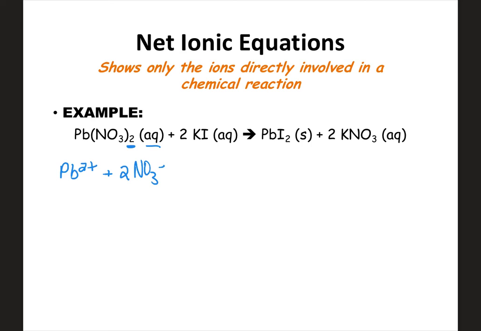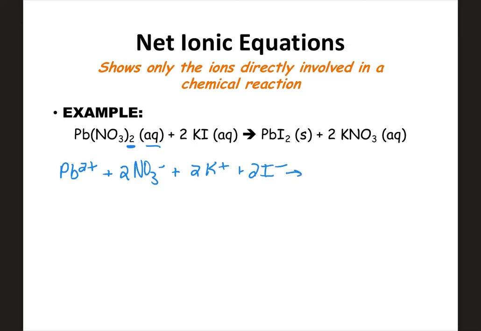The reason we're doing that is because it's aqueous. When you put it in water, it's going to dissociate into its ions. Next one, KI is also aqueous, so it's going to rip apart into its plus and minus. So it's going to turn into 2K+ plus 2I minus. Notice when you balance the equation and put your coefficient in front, that carries through for both of these.